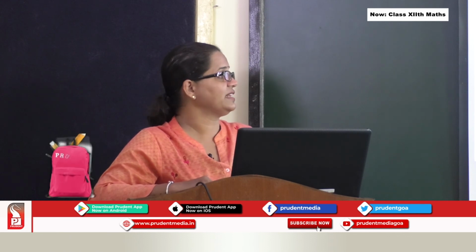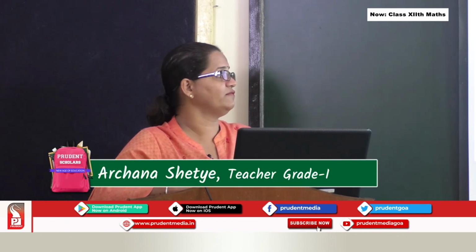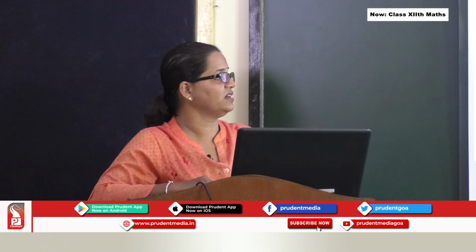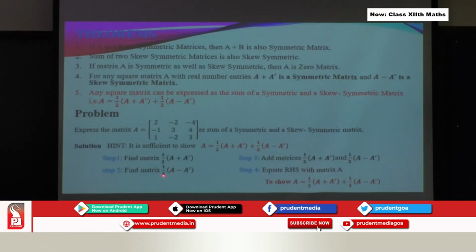When I talk about the second step, I have to do it in a similar way, but I have to go for A minus A dash. Here I need to add, here I need to subtract, and then I have to multiply by the constant half. So I get step 2. When I go for step 3, I need to get my RHS.